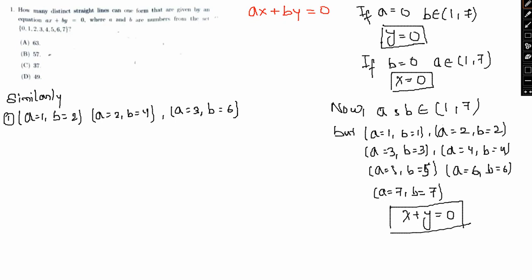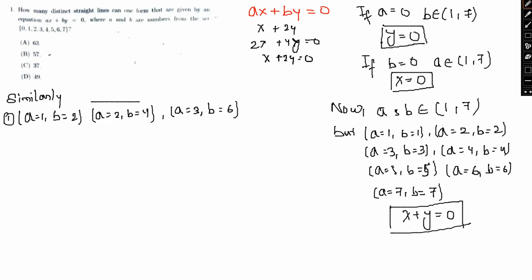All of these will yield the same equation. Suppose I put a equal to 1 here, it will be x plus 2y equal to 0. Now if a equal to 2, we get 2x plus 4y equal to 0, which is essentially again x plus 2y equal to 0.